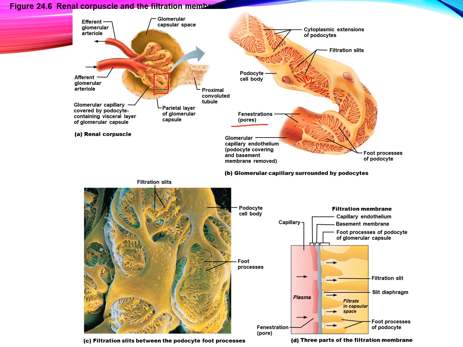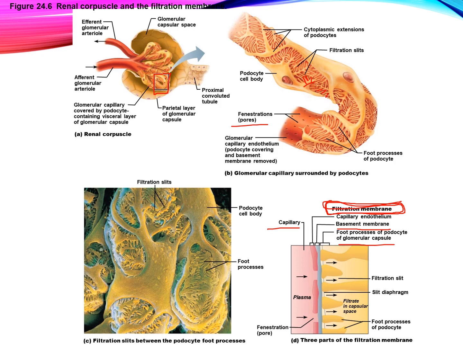And then between the two things, the fenestrated capillary and the podocytes, we create what's called a filtration membrane. This is going to be made up of that fenestrated capillary, some basement membrane, and those little foot processes of the podocyte.